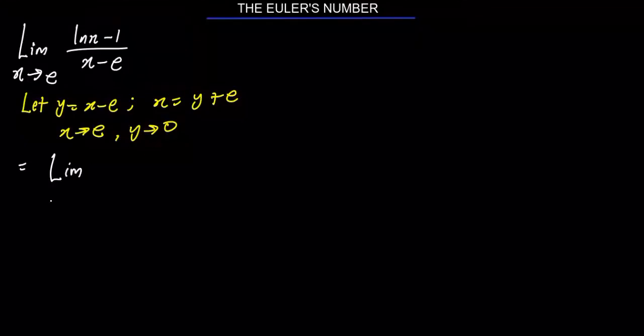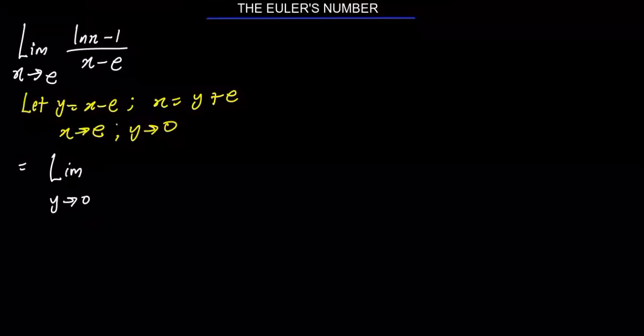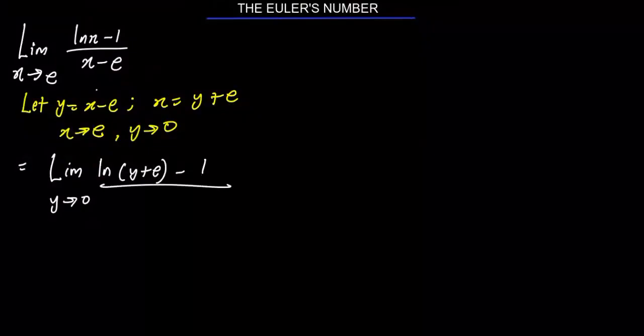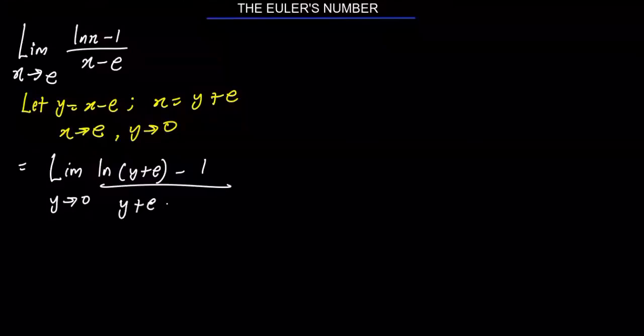Now what I'm having here will be equal to the limit as y tends to 0. I've changed my limit from x to y now. Then I have ln x, and instead of writing x, I'll write y plus e. So ln(y plus e), then minus 1, all over x, which is y plus e, then minus e.